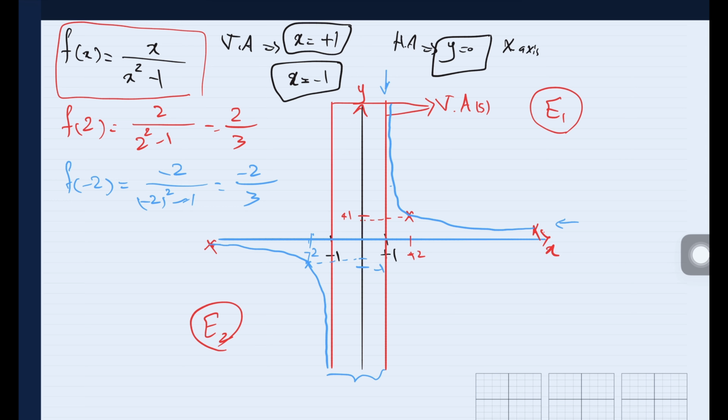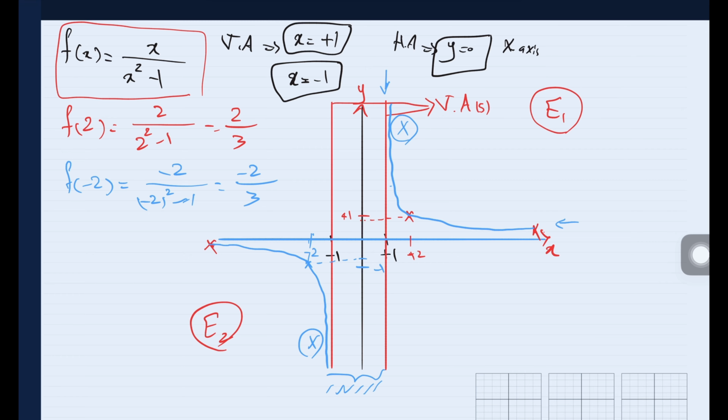I'm pretty sure the function is not touching or crossing the vertical asymptote at these two points, so there is no other option than the function having something in this region. So how would that be?